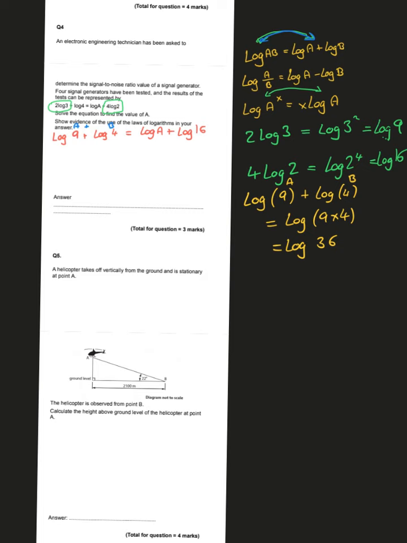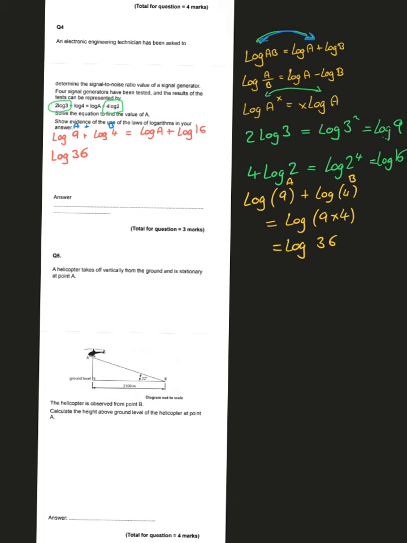So this log 9 plus log 4 here can be simplified to log 36. And I can do the same for this log A plus log 16, although it's not going to give me anything, so I'm just going to have log A times 16.